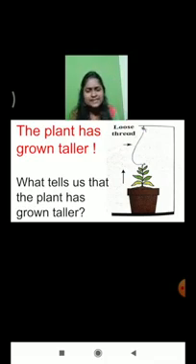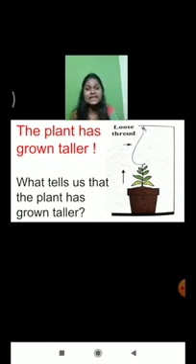And how can you say that the plant has grown taller? You can see here in this diagram, the thread is loosened. In the previous diagram, the thread was straight. Okay, and as the plant started growing height-wise, the straight thread loosened.